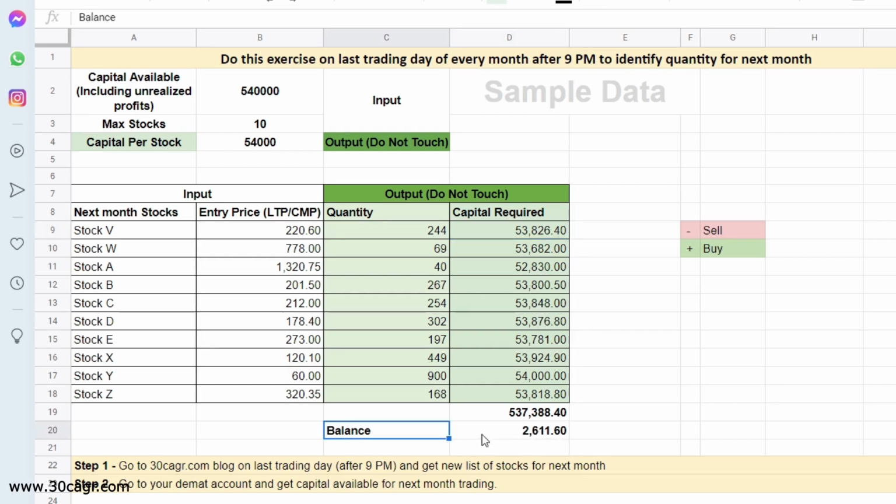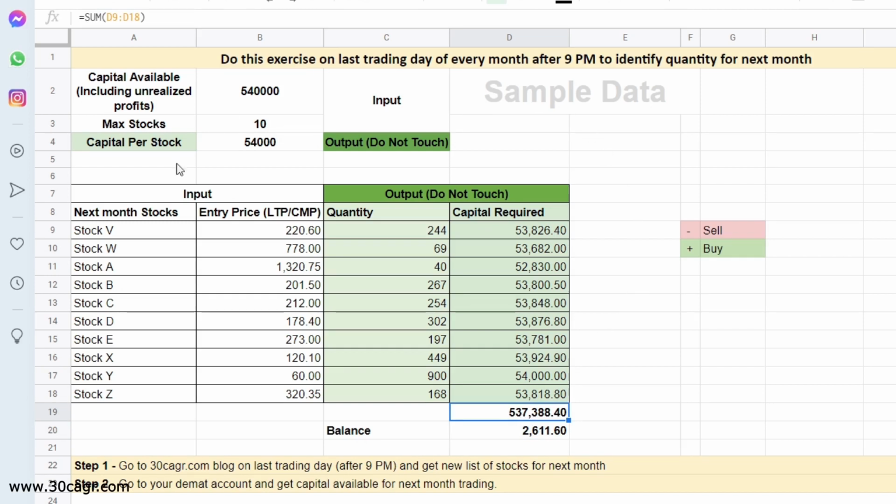As you see, I have put something called balance, which is the sum of all these individual balances. Though we have 5,40,000 rupees, we only trade using 5,37,000 odd, and we will keep this balance in our account. And remember, let's say your 5,37,000 has become 6 lakhs next month.